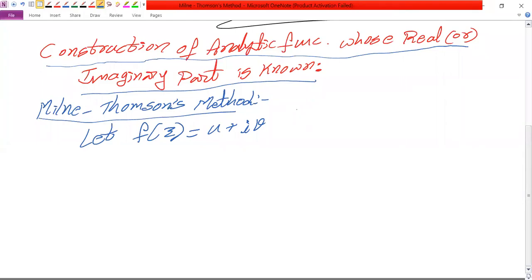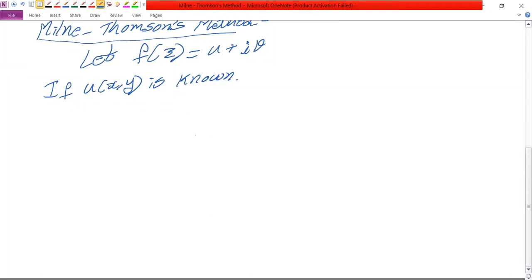If they are providing u, how to find it? If they are providing v, how to use this Milne-Thomson method? If u of x comma y is known, that means u is given in the problem, then we need to find the f of z function.